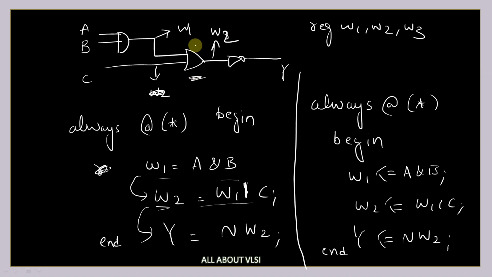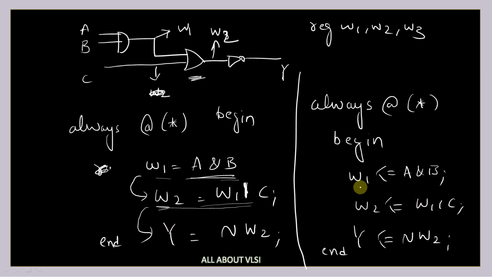The OR gate is not going to produce any output until we get the output from the AND gate. You can see from the code also, until we get the output from the right-hand side, we do not move to the next assignment. This is the behavior we are expecting.